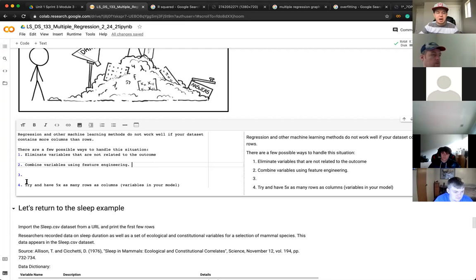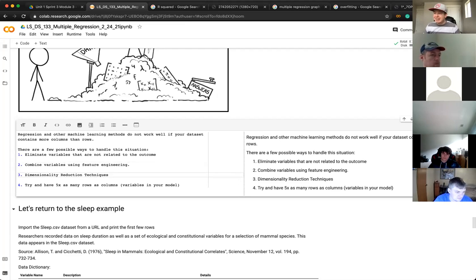Okay. Last but not least, we can use things called dimensionality reduction techniques. You will learn more about these in Unit 2. A popular dimensionality reduction technique is something called PCA, or Principal Component Analysis. That's what the acronym stands for.